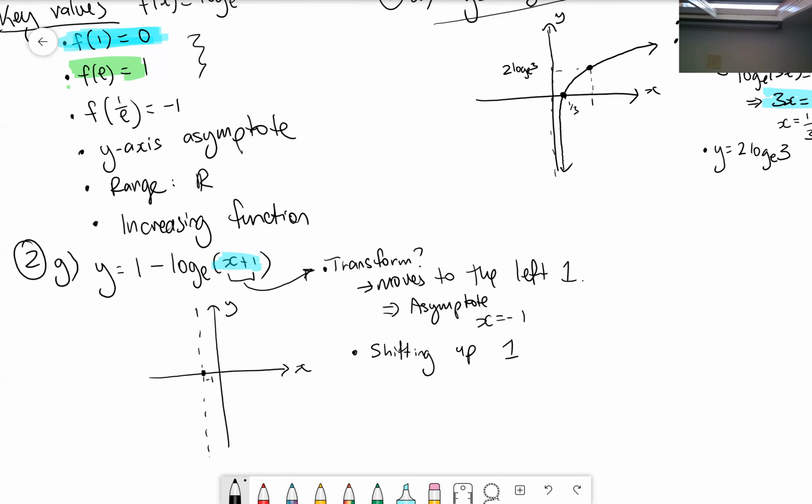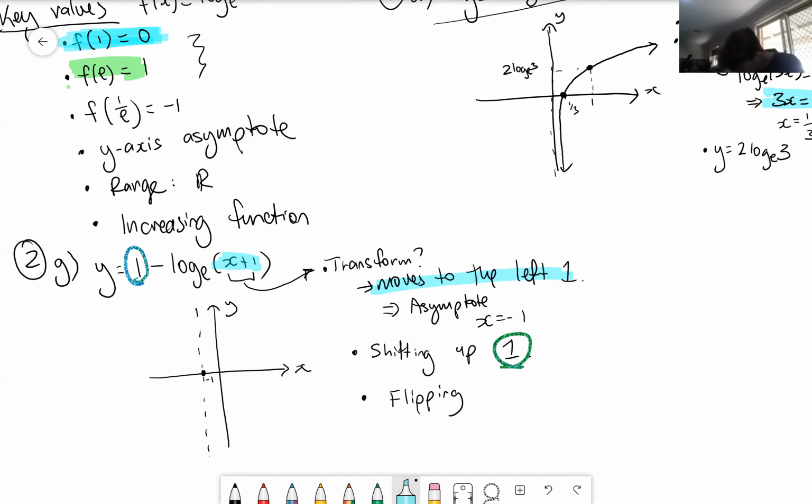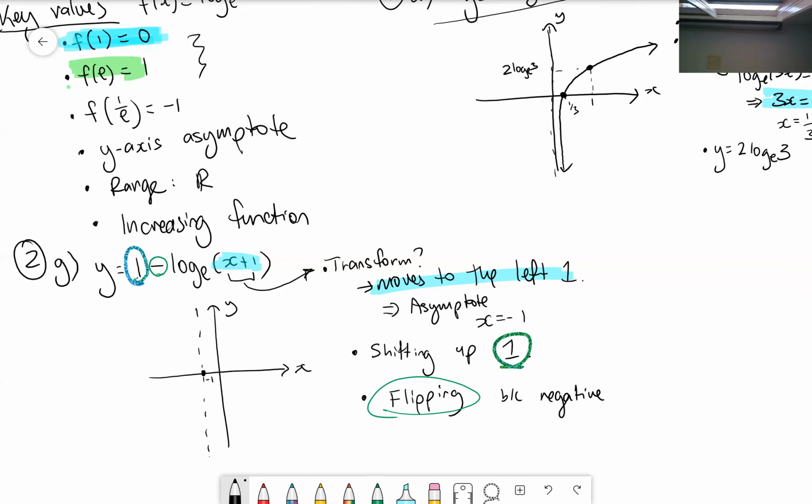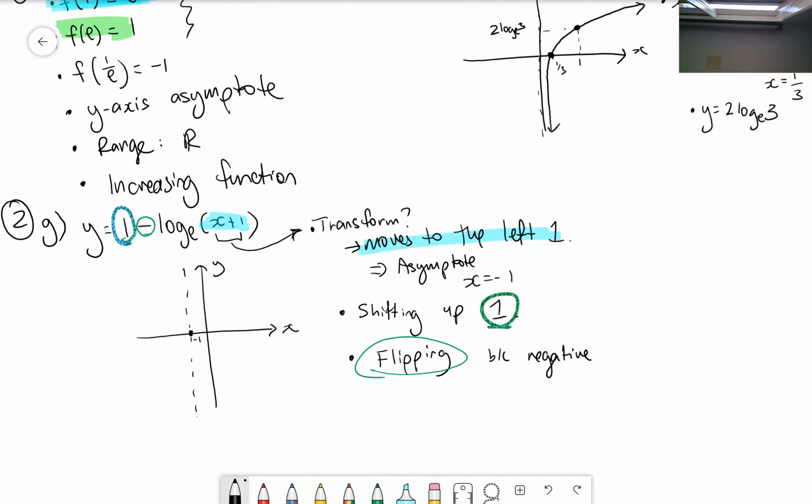Shifting up 1, and then we're also flipping. Okay, so we've got 3 things that are happening. It's moving to the left 1, it's moving up 1, and it's also flipping because of the negative.